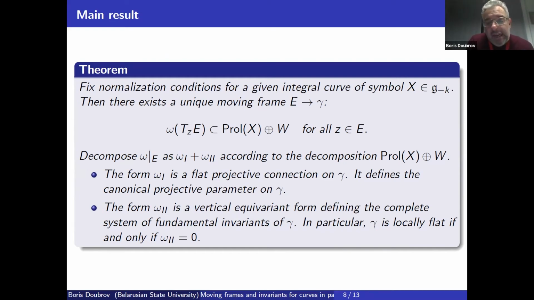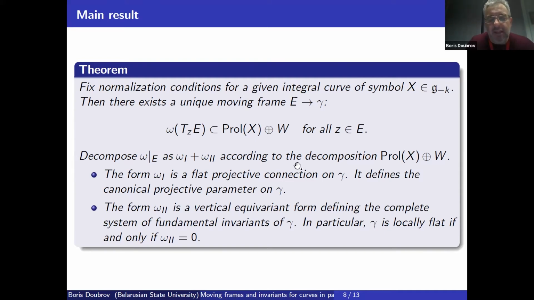So for each graded semi-simple algebra, we may describe all graded SL2 triples. Then each such SL2 triple would define a type of curves, and it would also define the prolongation. And if this prolongation happens to be nice, then occasionally, or often, we will have normalization conditions.